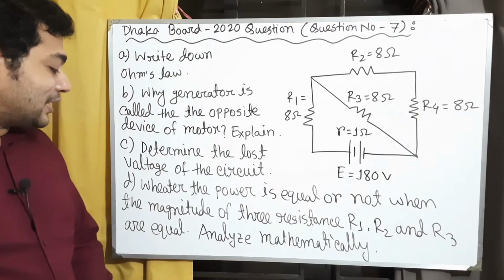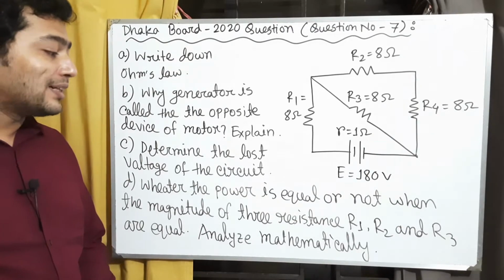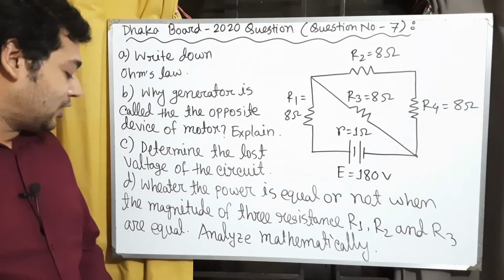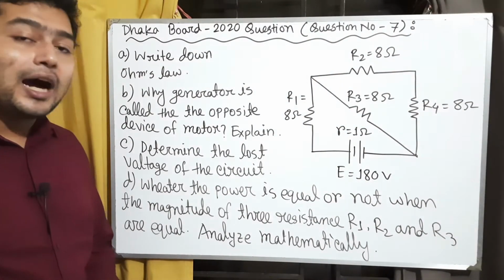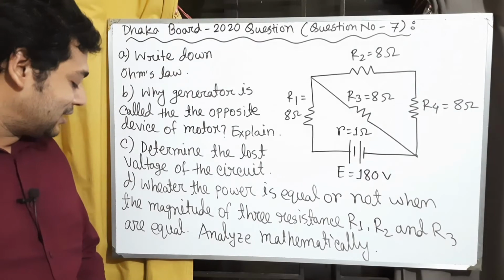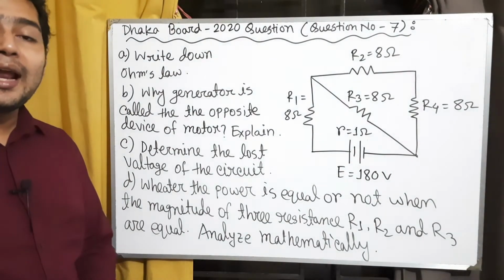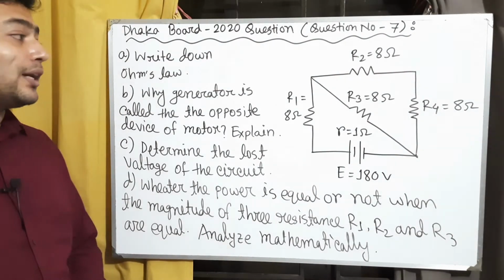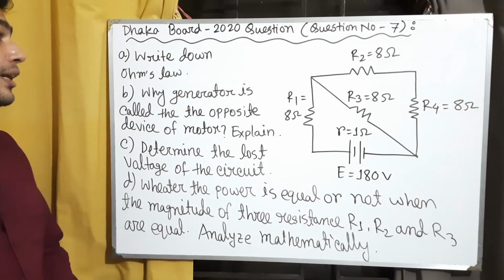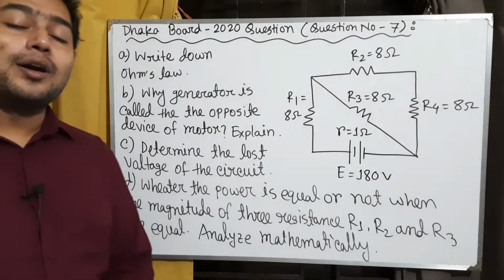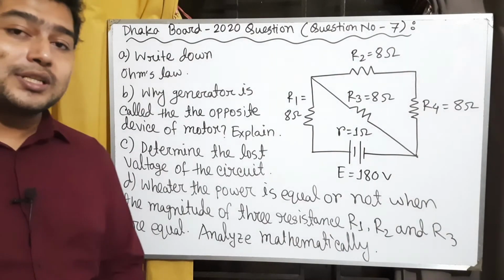And question D, whether the power is equal or not when the magnitudes of the three resistances R1, R2 and R3 are equal. Analyze mathematically. So these are our questions. Now let's see how to solve them.